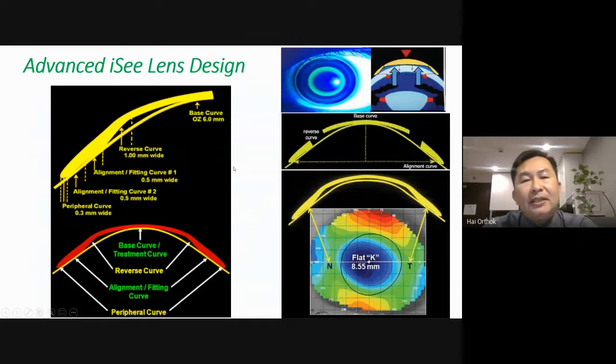So when we turn the design sideways, we will see that we have a deep area between the first alignment curve and the second alignment curve. We distribute 60% on the top and 40% on the first alignment curve right here.